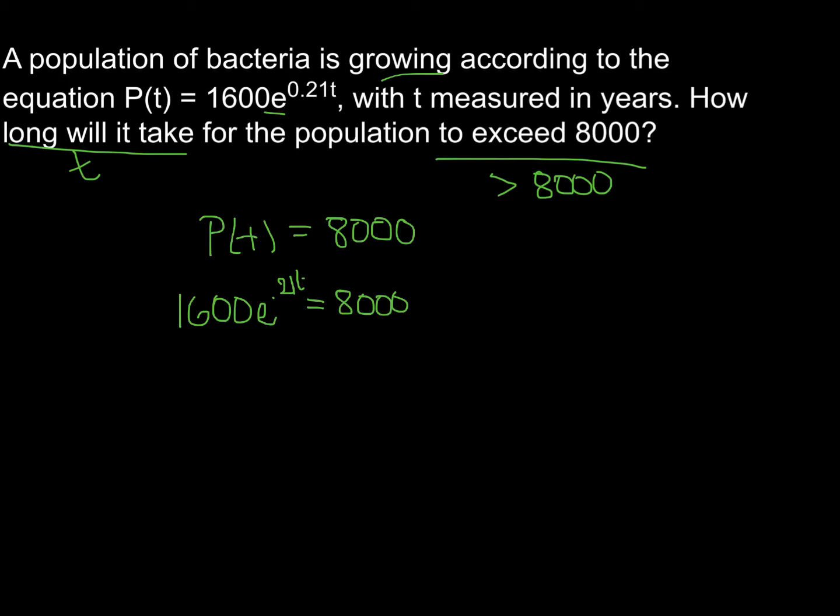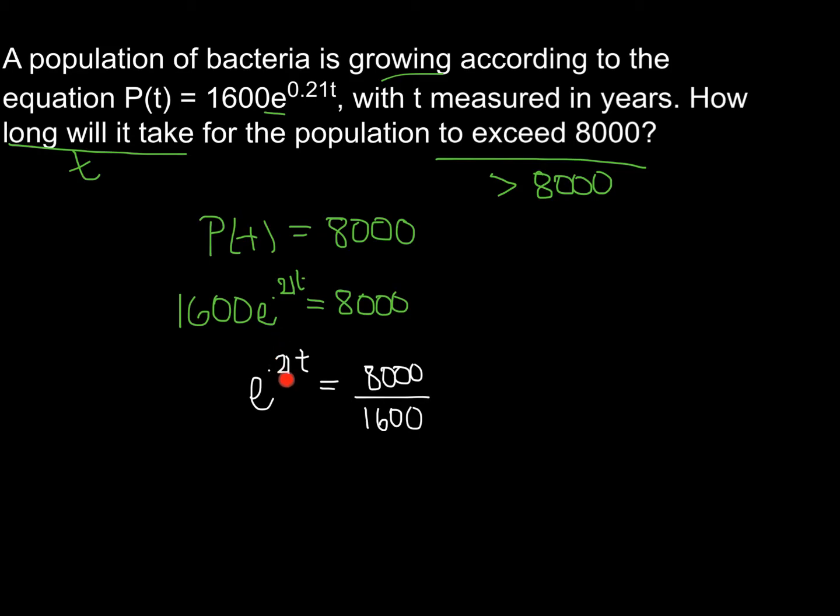What I'll do is I'll divide by 1,600 on both sides. So I'll have e to the 0.21 t equals 8,000 over 1,600. And at this point, we can solve for my exponent by using the log, right?